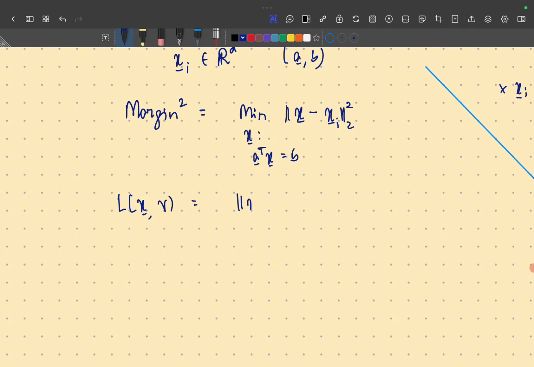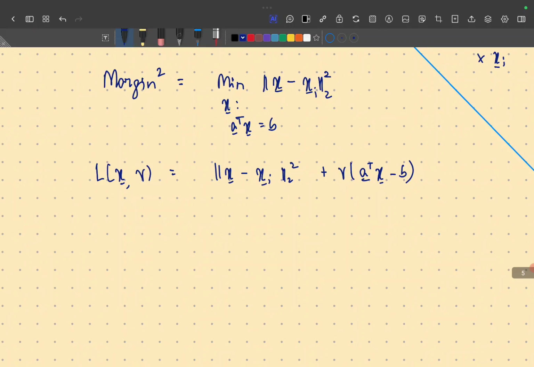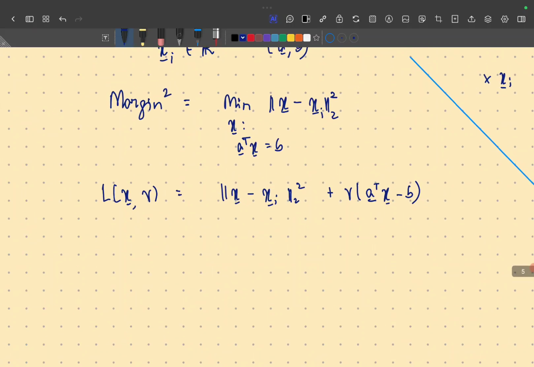This is equal to norm x minus xi squared plus nu times (A transpose x minus b). So firstly, what kind of an optimization problem is this?